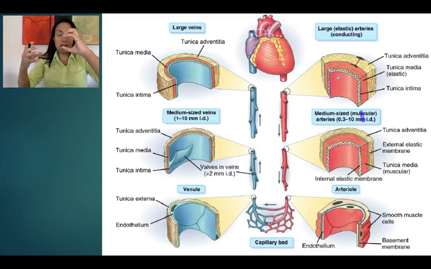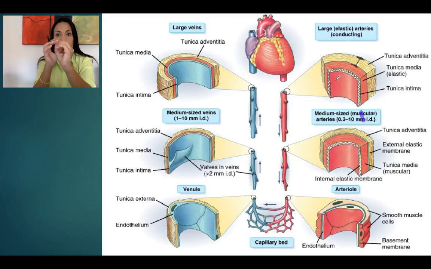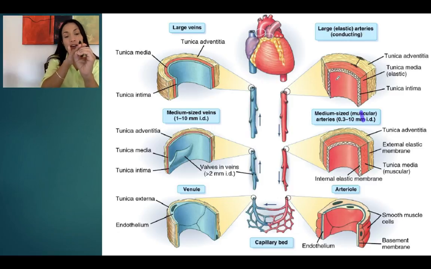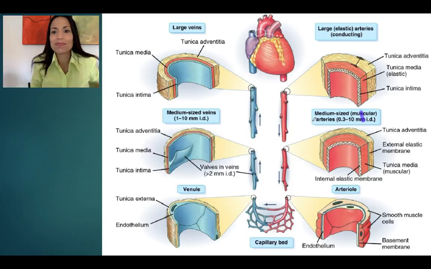And when the cardiac muscle relaxes during diastole, the elastic fibers and the tunica externa of the elastic arteries recoil to dampen those surges in blood pressure in these blood vessels.